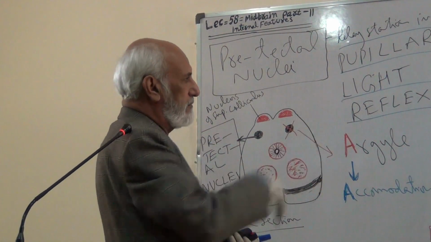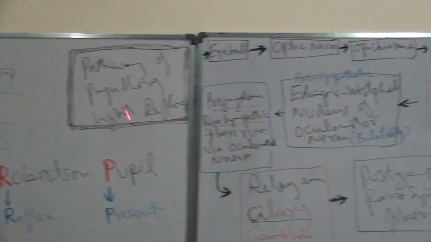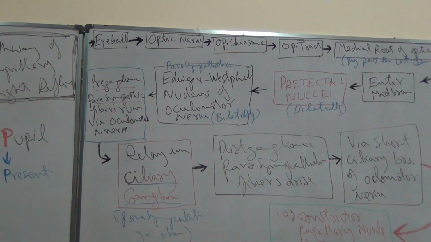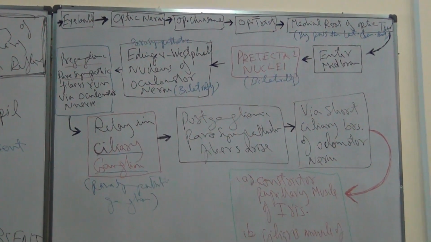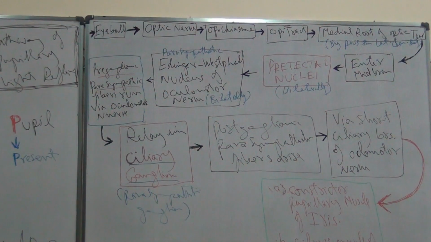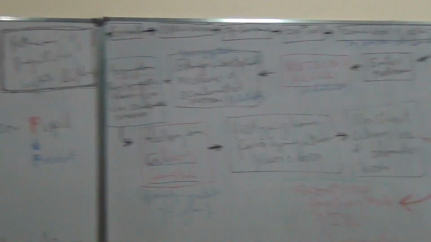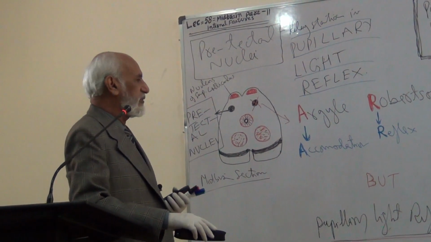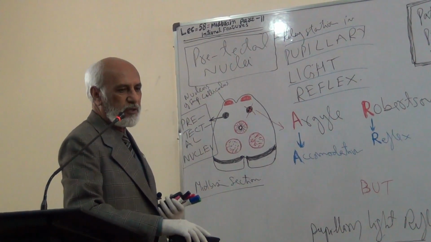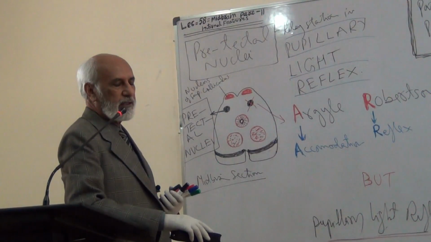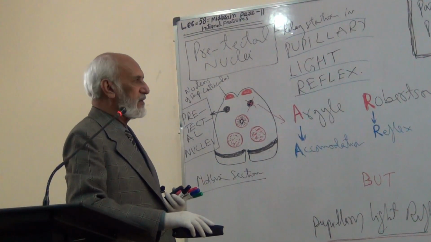As we already discussed, this is the pathway for the pupillary light reflex. Now to explain why the pupillary light reflex is absent, but constriction of the pupil in response to accommodation is present, it is because the pathway for the accommodation reflex is different.